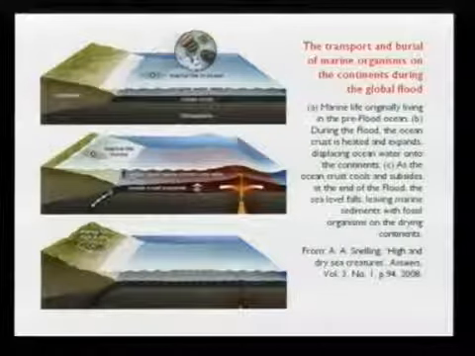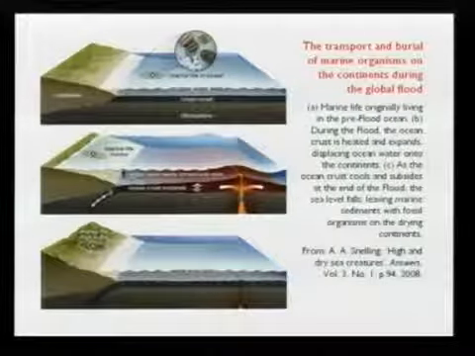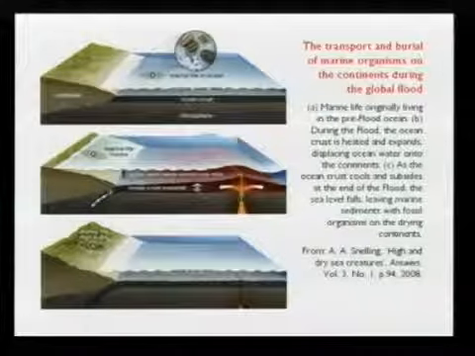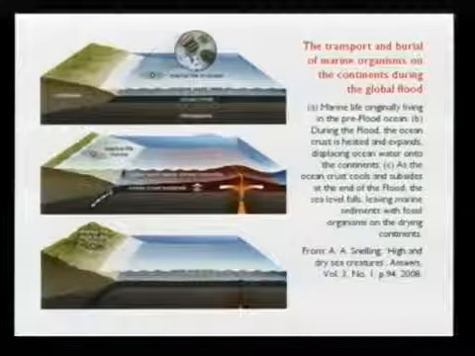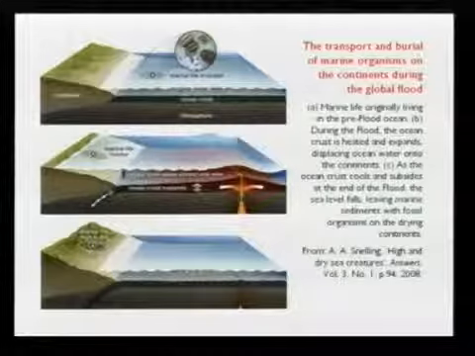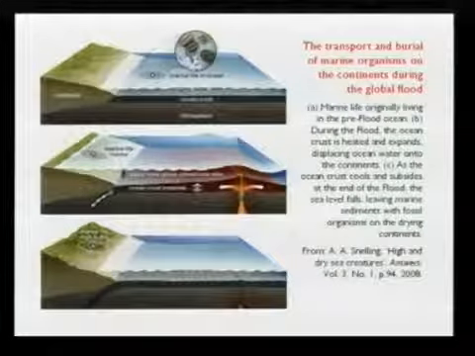But towards the end of the flood, as the molten rock began to cool and the ocean floors began to sink, sea level would have begun to fall, and the waters would eventually have drained off the continents into the subsiding ocean basins. Psalm 104, verse 8, which speaks of the mountains rising up and the valleys sinking down at the end of the flood, may refer to that process.